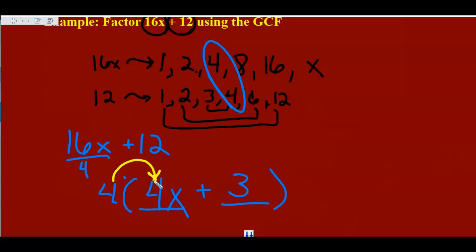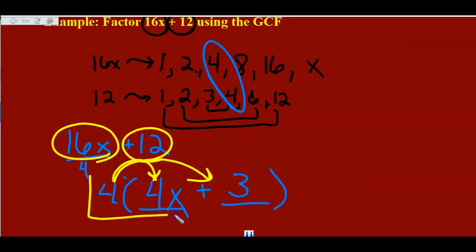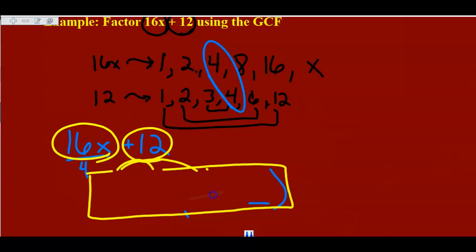So 4 times 4x, yep, that's 16x. 4 times 3, yep, that's 12. Okay, so this right here is our factor of 16x plus 12. Okay, that's how we factor it out. So our final answer would be 4 times the quantity 4x plus 3.